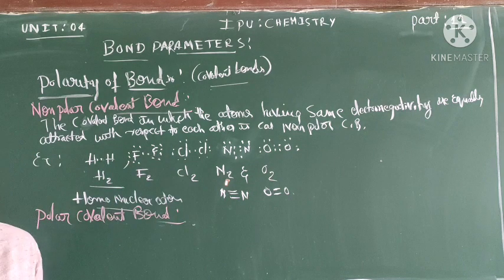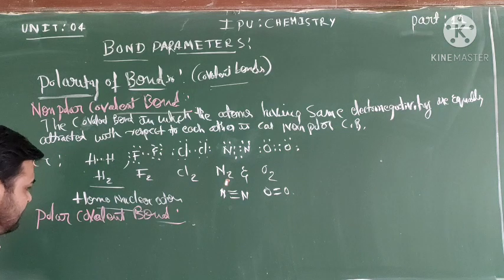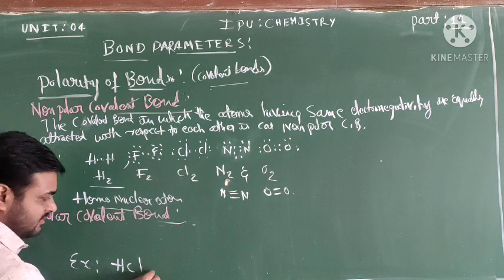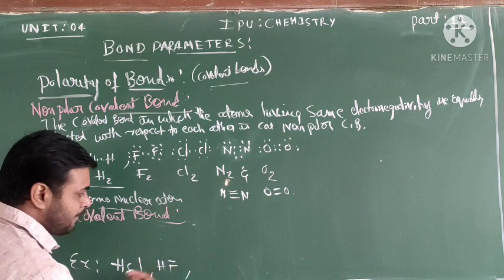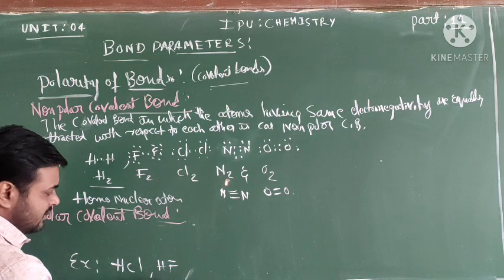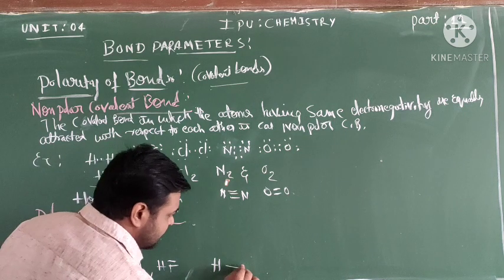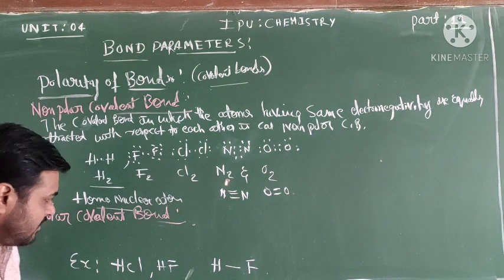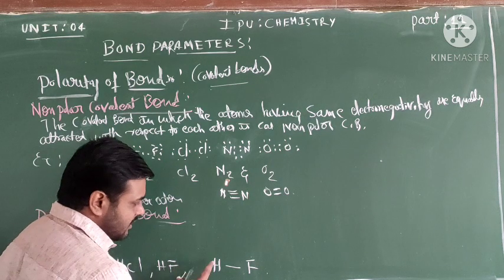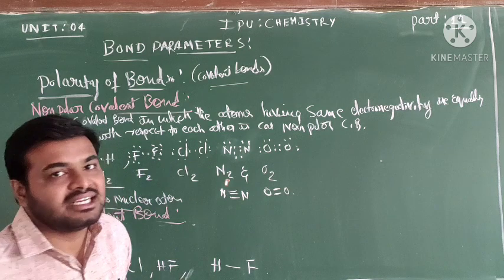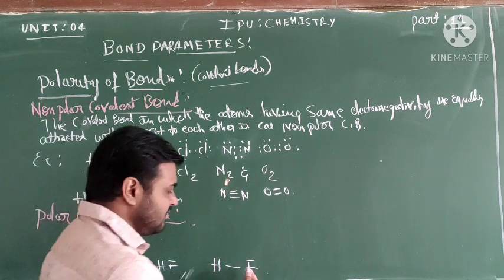Different electronegativity, for example, we take HF. So they have H and F. See here, the H atom is less electronegative compared to fluorine.